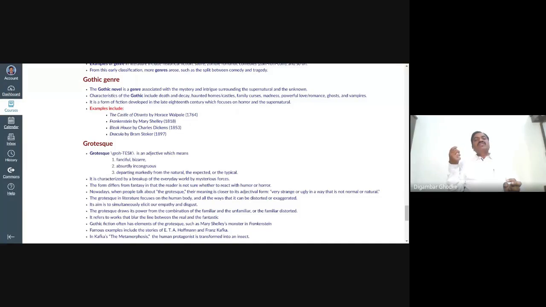It includes death and decay, haunted homes, haunted castles, family curses, madness, powerful love, romance, ghosts, and vampires. All these characteristics are found in the Gothic genre.